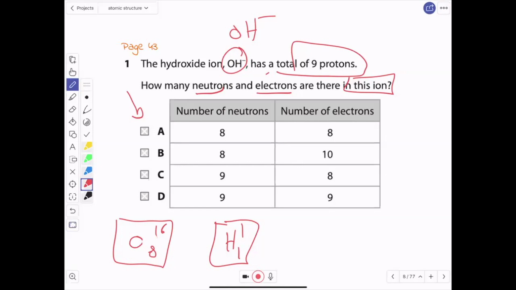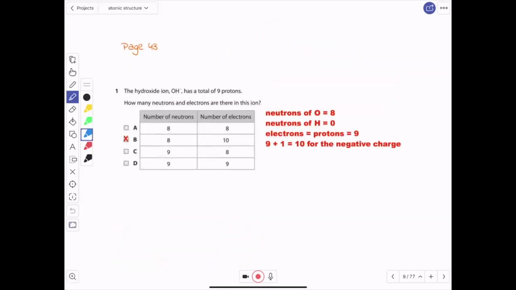B. You think it's B. Anybody else have another opinion? Any other opinion here? It is actually B. Why is it B? That's because O in the periodic table is 8, 16.